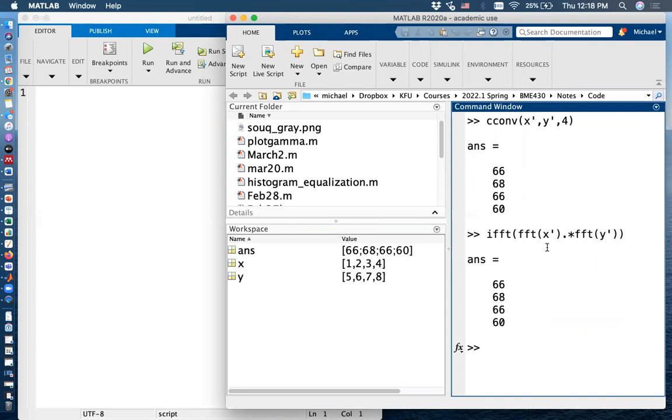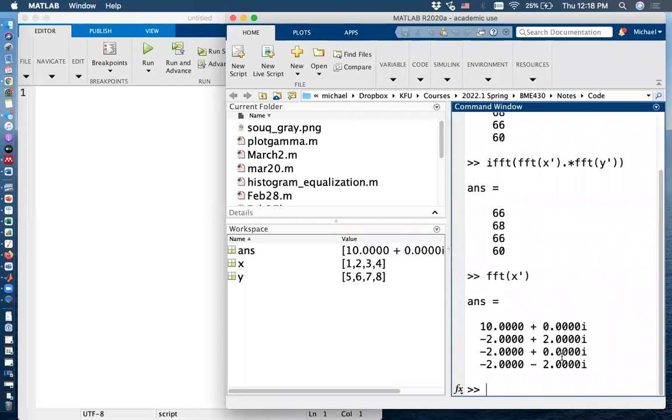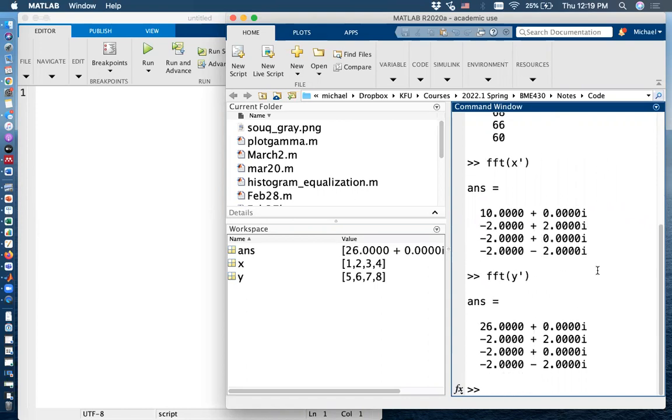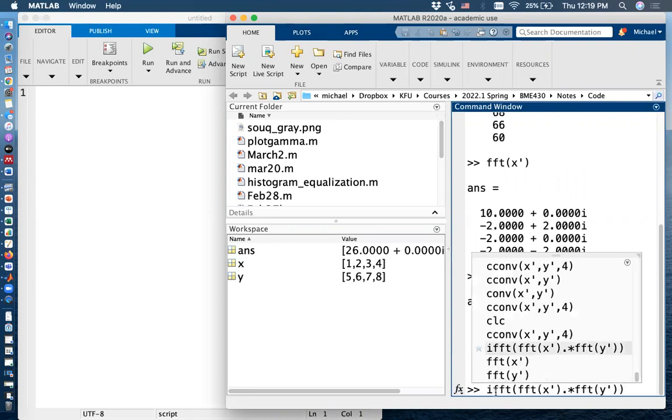Okay, we calculated at the beginning of class the FFT of x. You might remember this. We could also do by hand the FFT of y. You'd get something like that. You multiply those together element by element. So that's 10 times 26 and -2. So we could just kind of show what this is here.